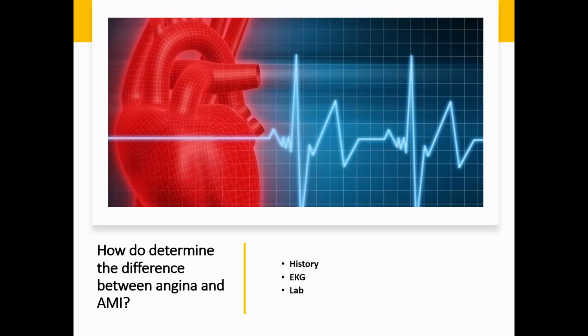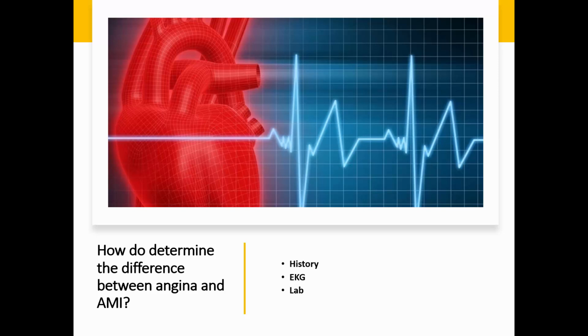If they do, then you need to do a compare-contrast, meaning, is this chest pain like the chest pain you had in the past? Is it different? How? Also, you want to ask about the location, the intensity, the duration, the precipitating or relieving factors. What makes this worse? What makes it better? Is this the first time this has ever happened?